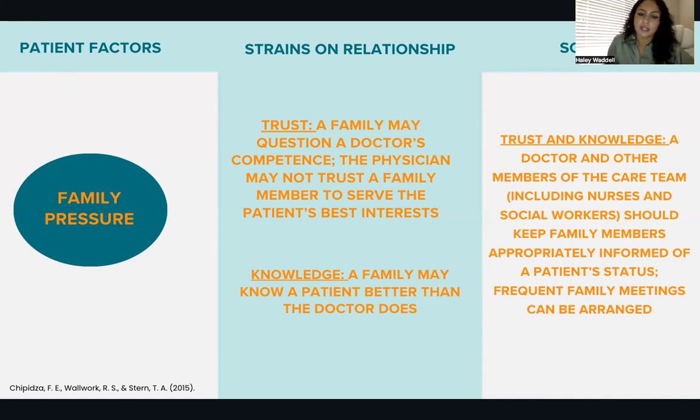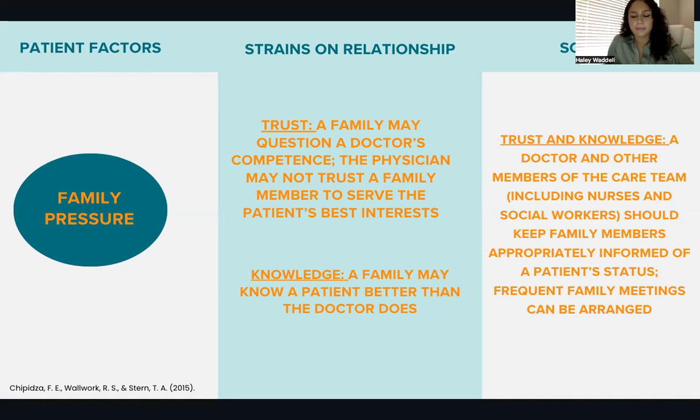And then also, you might not trust that the family member has the best interest of your patient. You might question their motives when they turn down, say, a surgery or a treatment that would help the patient, for some reason. And it will interfere with your ability to take care of that patient. Another thing is a family may know a patient better than the doctor does.